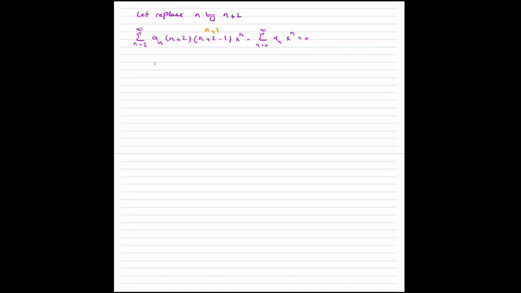If we factor all this out, what we get is a_(n+2)(n+2)(n+1) minus a_n, all multiplied by x^n, equal to 0.